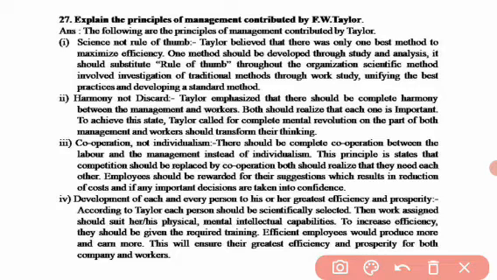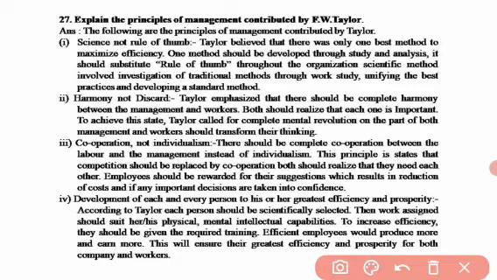And next, that is development of each and every person to his or her greatest efficiency and prosperity. According to Taylor, one of the principles is that the person should be scientifically selected. Then work assigned should suit their physical, mental, intellectual capabilities. To increase the efficiency, they should be given the required training.